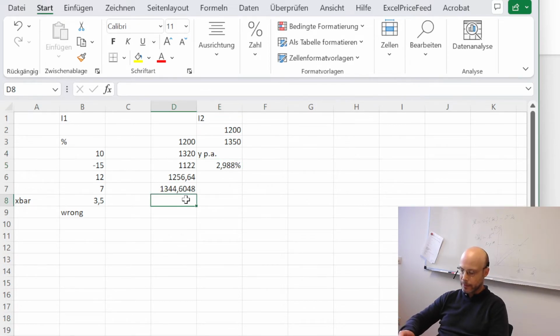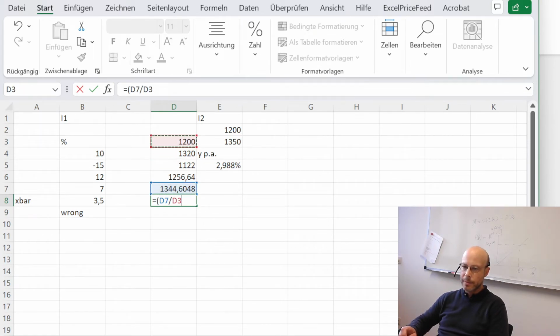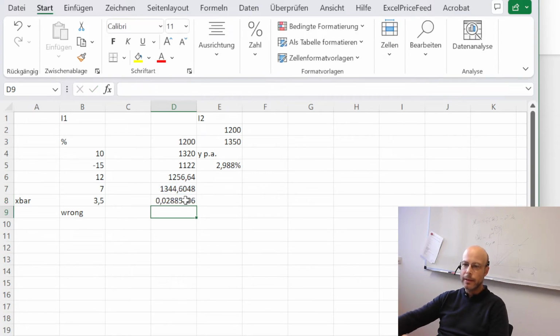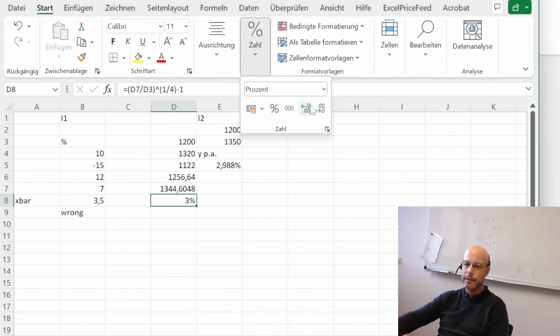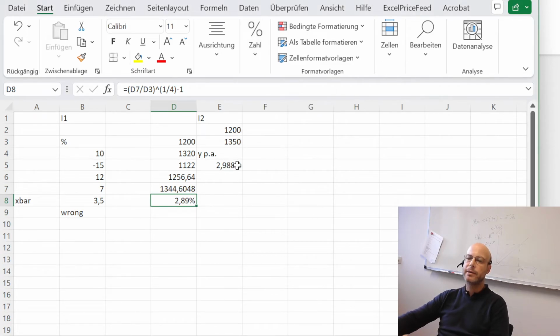So again, we take this divided by this up to 1/4 minus 1. And then we see here we have a yield a bit less, 2.89 compared to 2.98.